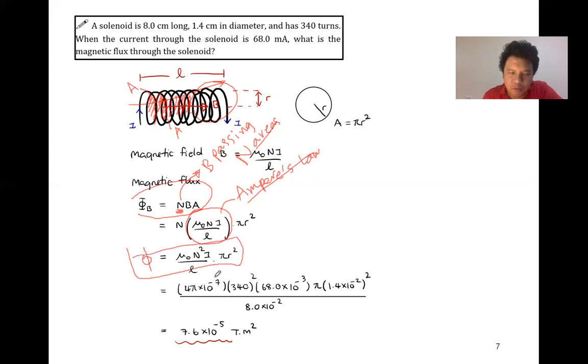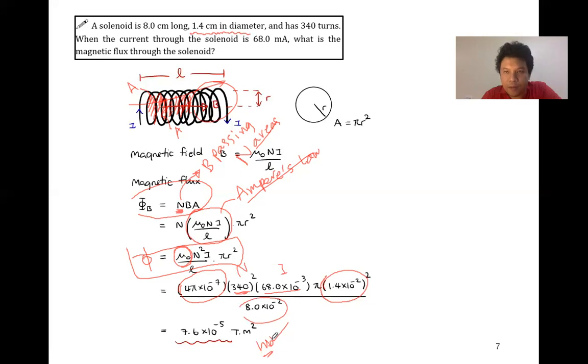Finally we substitute all the values. We substitute mu0 as 4 pi times 10 to the minus 7, the number of turns N, the current I, and the radius of the solenoid, and then we divide by the length of the solenoid, so that we have the magnetic flux in the unit of Tesla meter square, or we call this unit the Weber, or Wb.